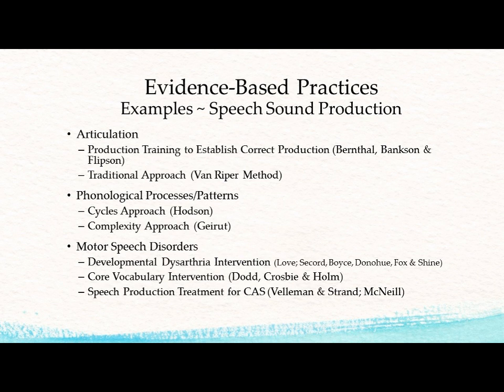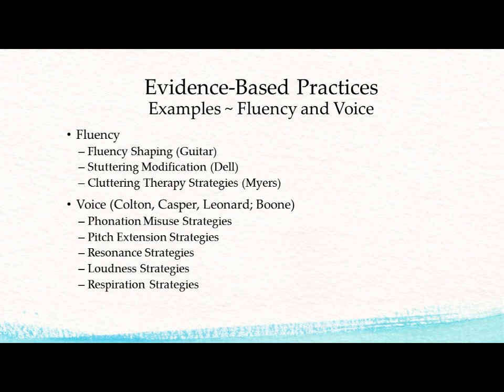Moving on to looking at fluency and voice, we have fluency shaping, stuttering modification, and cluttering therapy strategies that are explained, described, and with step-by-step implementation tips given in Review360. For voice, the voice strategies were selected based on the work of Boone and Colton, Casper, and Leonard.